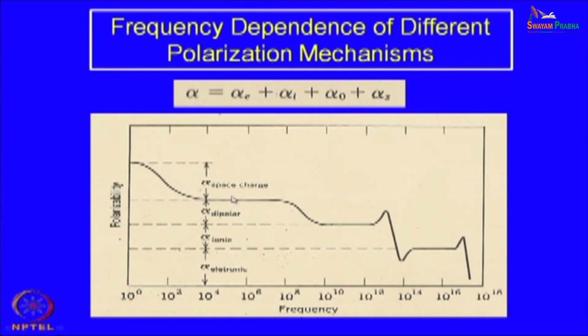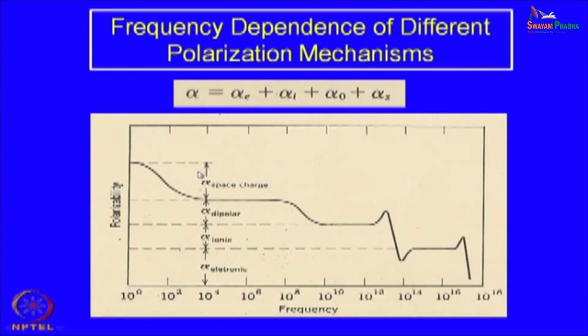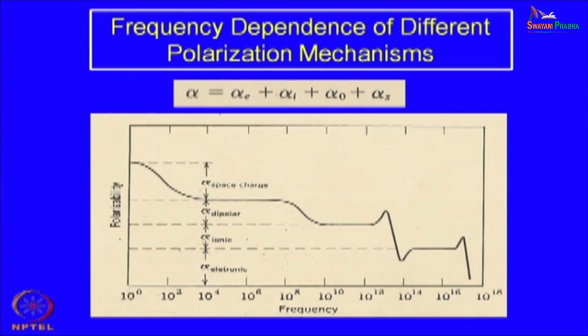Whereas, the space charge polarization is the slowest process in these 4 categories, because it needs a longer range transport of charged species, in this case primarily the mobile ions. So, that is time consuming, and therefore, the time required for the movement back and forth is much larger, or the relaxation time is larger. So, it can only respond in a very low frequency region.